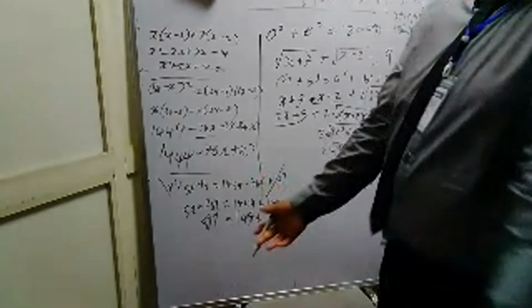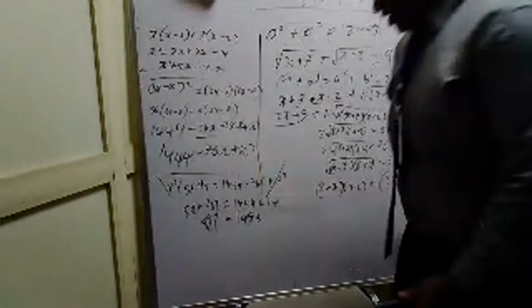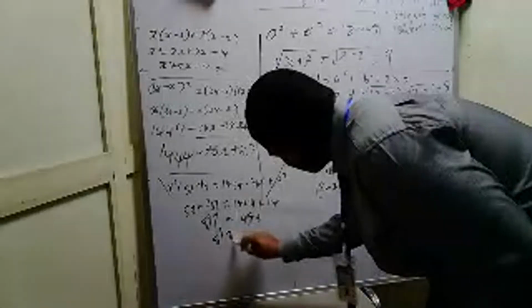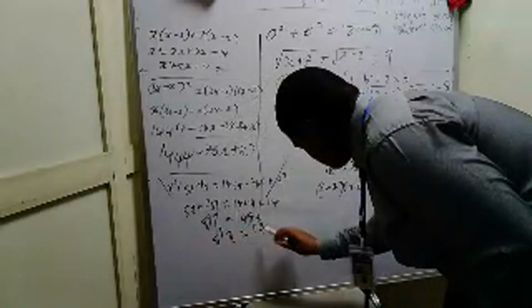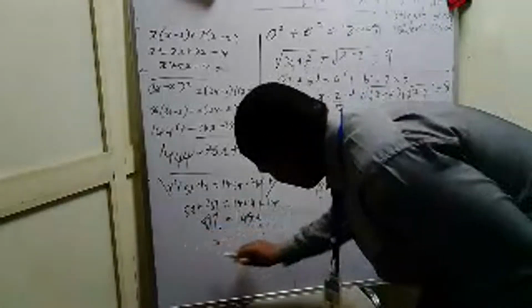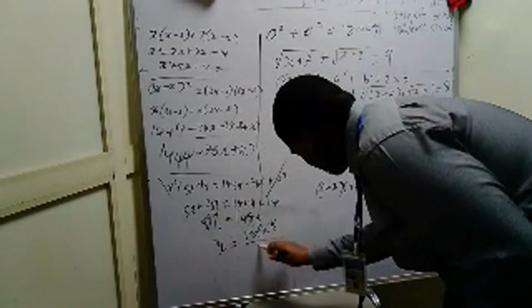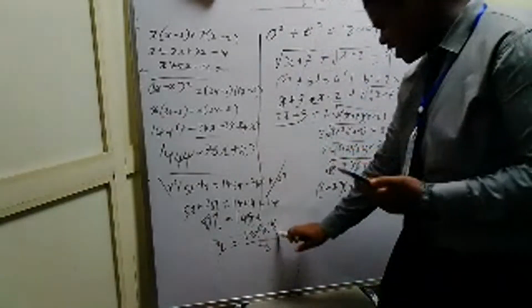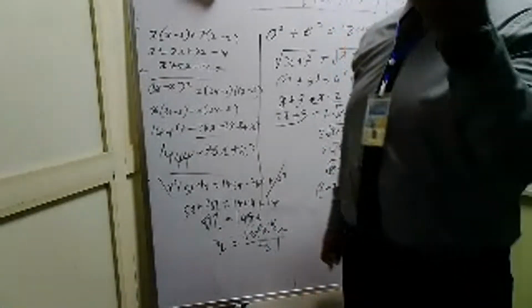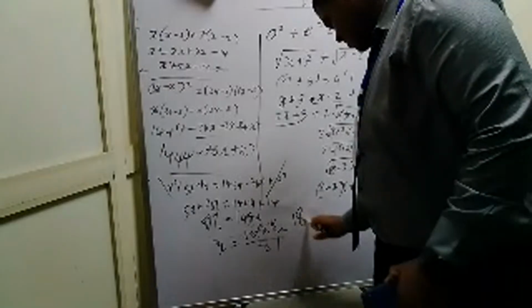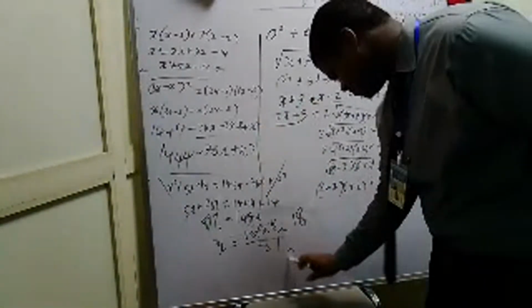So x is equal to 1458 divided by 81, and that is going to be 18. Yay! So we have x equals 18.